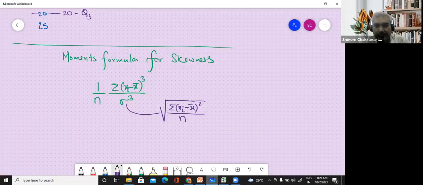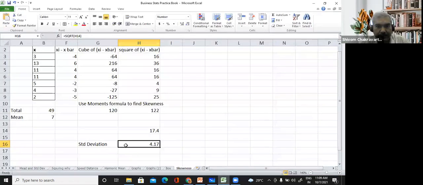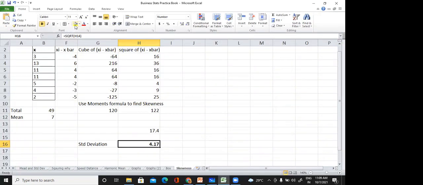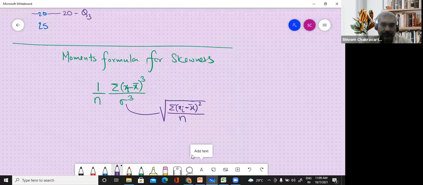So basically it turns out to be, taking the numbers from here, this is the cube of xi minus x bar, 120. This is the standard deviation 4.17, and substituting here, so this will give us 1 by n, that is 1 by 7, xi minus x bar whole cube.